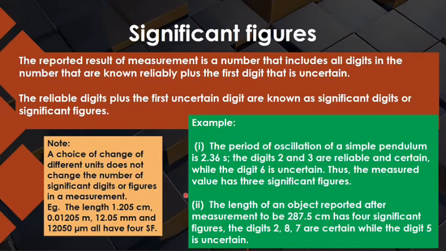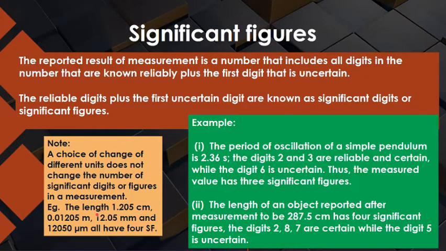You have to note this very special point: if I change centimeter into meter or kilometer, it is not going to change my significant figures. That can be written as multiplied by 10 to the power 3 or 10 to the power minus 3, depending on the case, and the number of significant figures will remain the same.